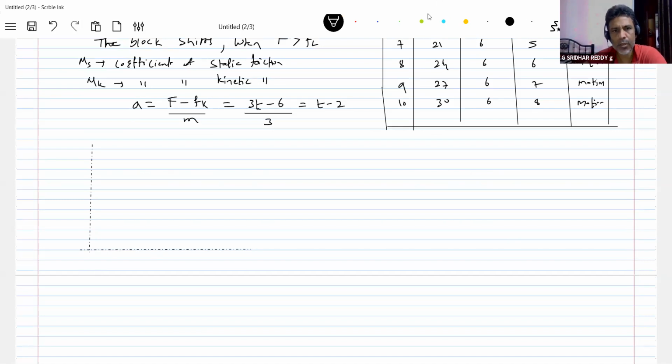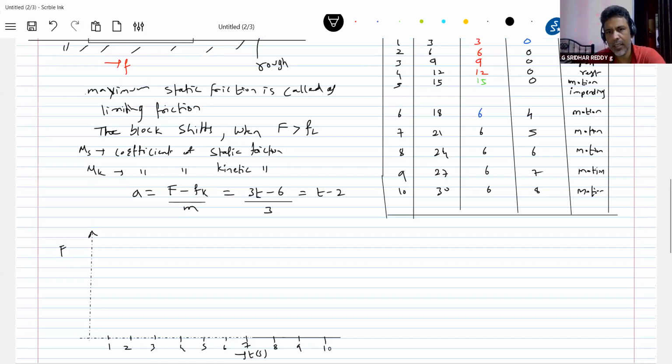Let me plot 2 graphs. One, this is the frictional force or applied force, and this is the time in seconds. So we have time 1, 2, 3, 4, 5, 6, 7, 8, 9, and 10. The force values: maximum it came to 30 Newton.